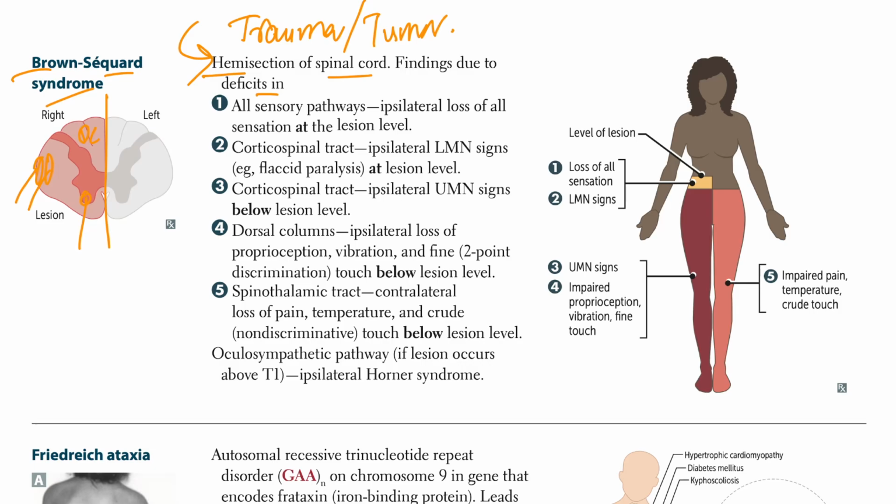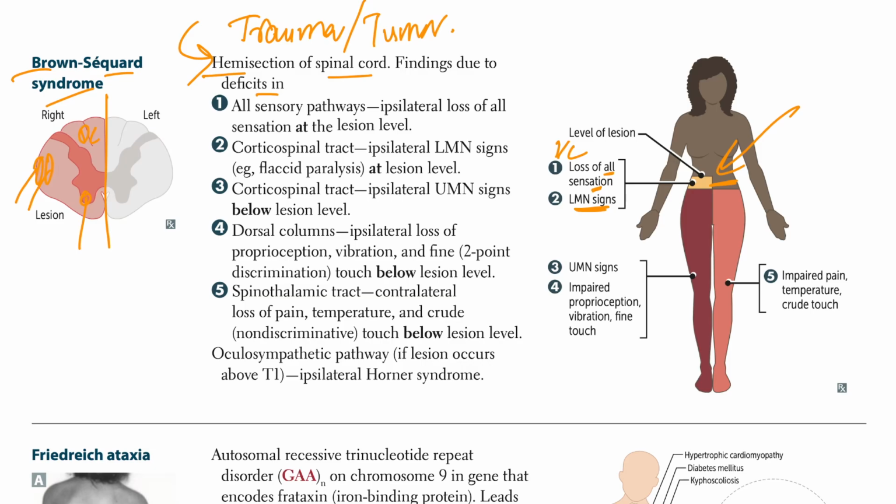So if you have a site of lesion, this is the level of the site of lesion. At the level of the injury, you will develop ipsilateral loss of all sensations and lower motor signs at that level.